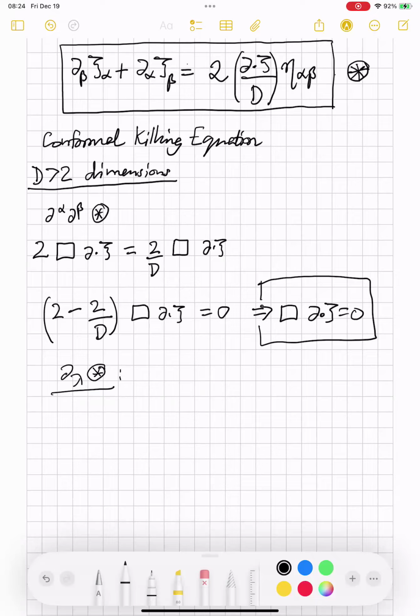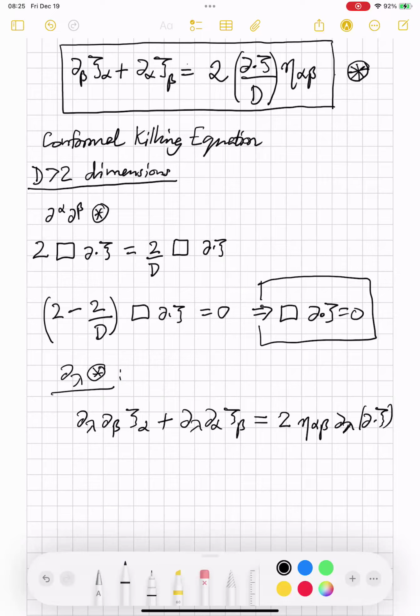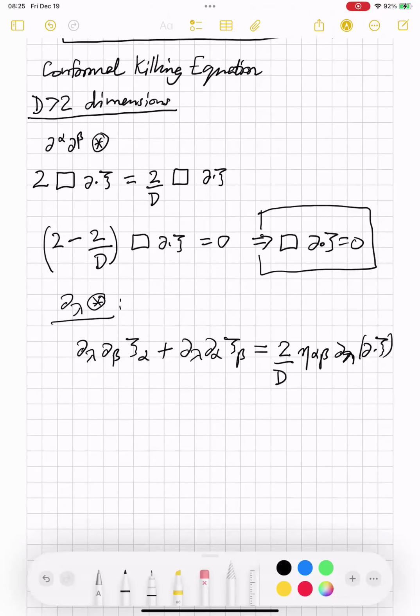So we will get d lambda, d beta, zeta alpha plus d lambda, d alpha zeta beta is equal to 2 over d, eta alpha beta d lambda d dot zeta. We'll put the d there. Okay, so that's the first equation that we get. Let's move it over a little.